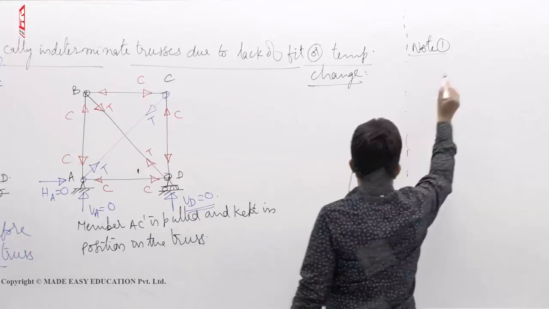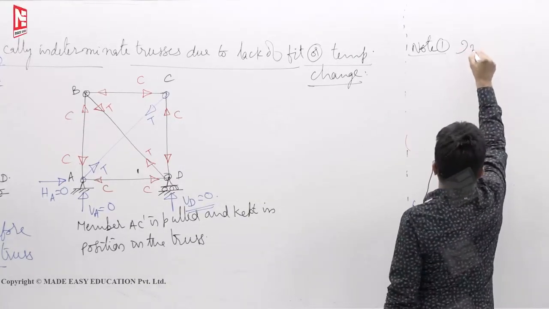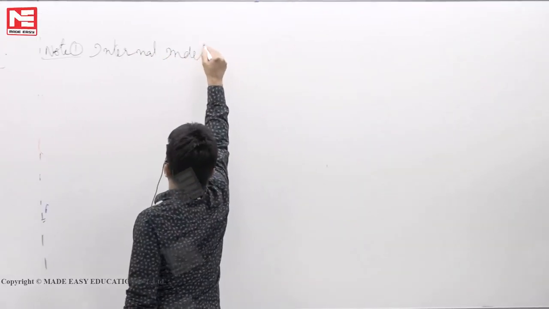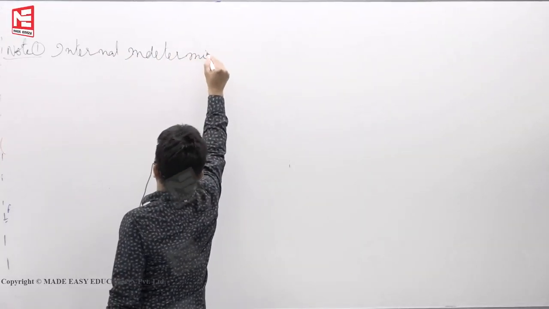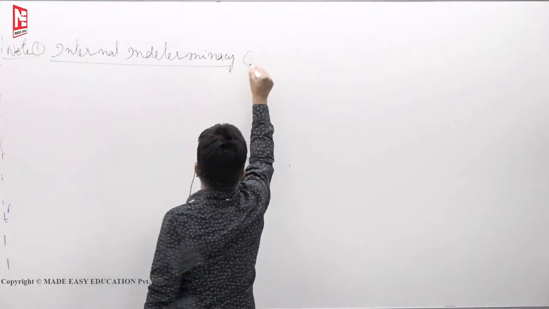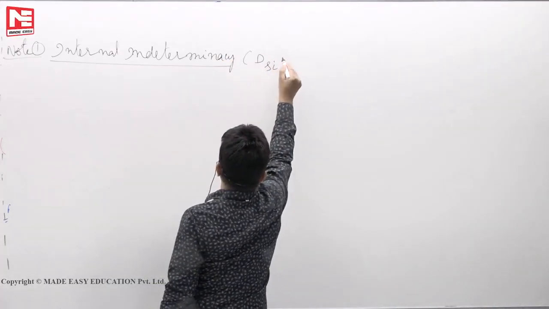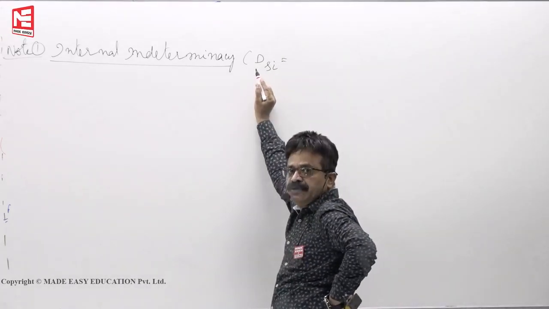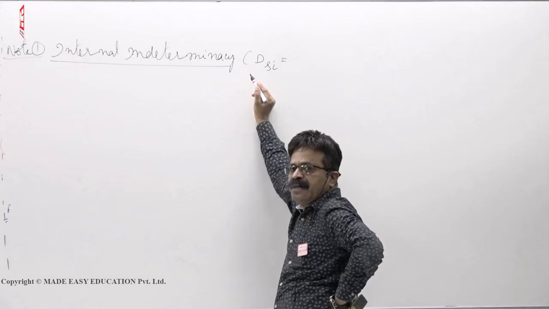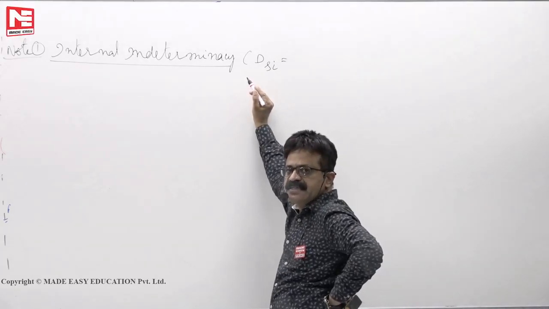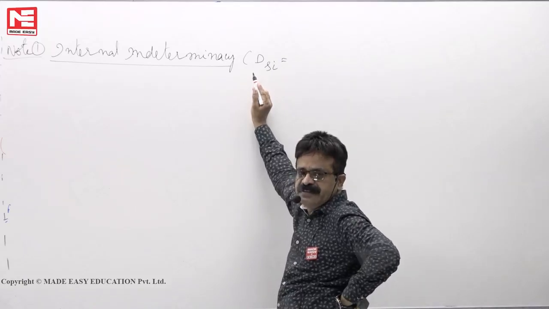How we find is like this. Note 1. Internal indeterminacy. This internal indeterminacy you call it as DSI. Internal indeterminacy means, in the beginning I told you in the trusses chapter, for a perfect stable truss, m must be equal to 2j minus 3.